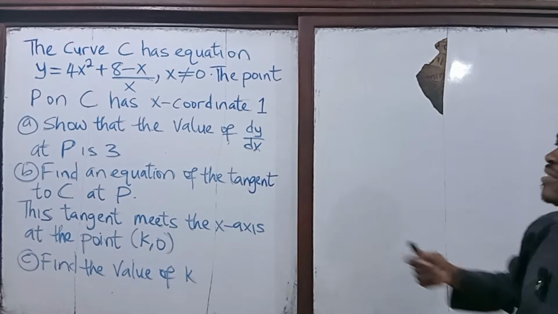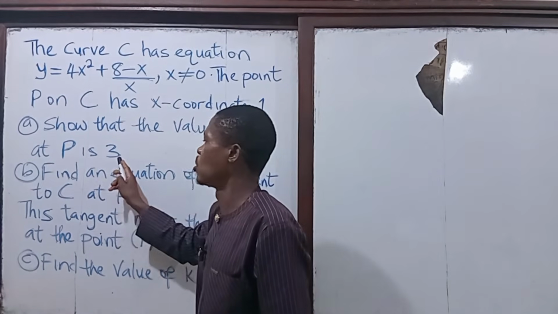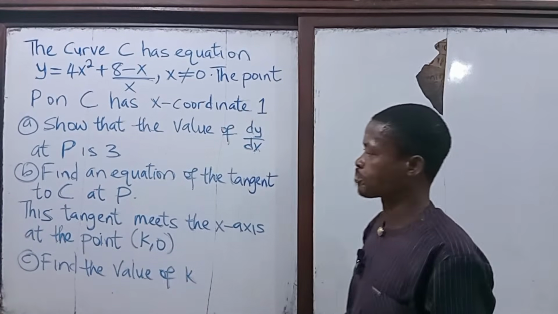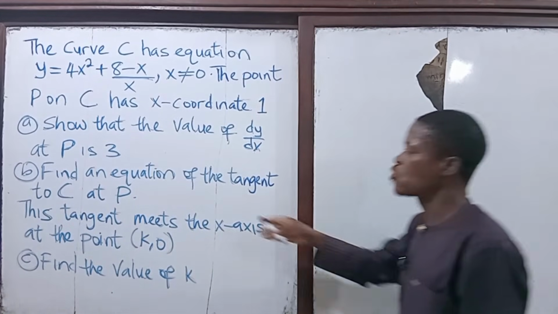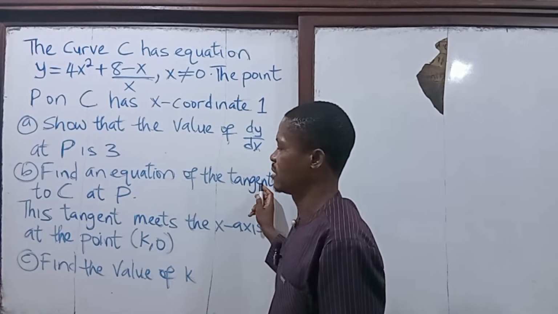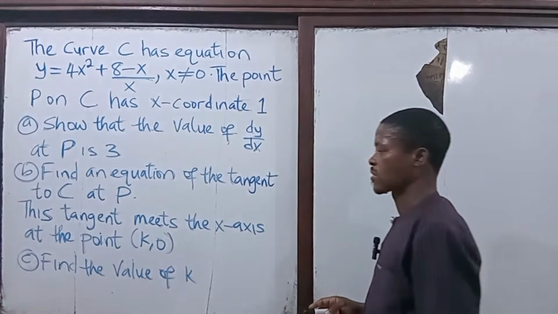A, show that the value of dy/dx at point P is 3. B, find an equation of the tangent to C at P.